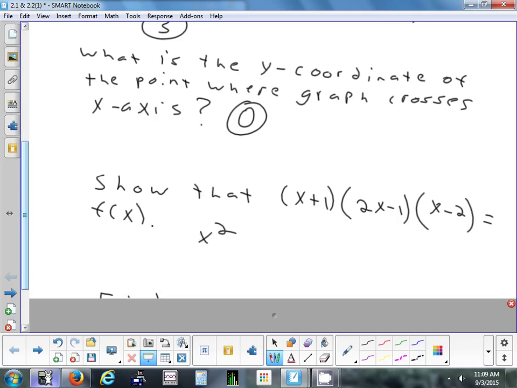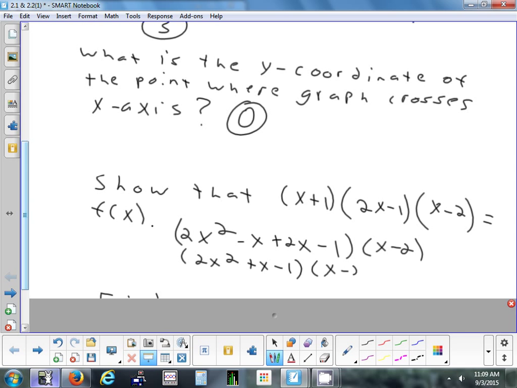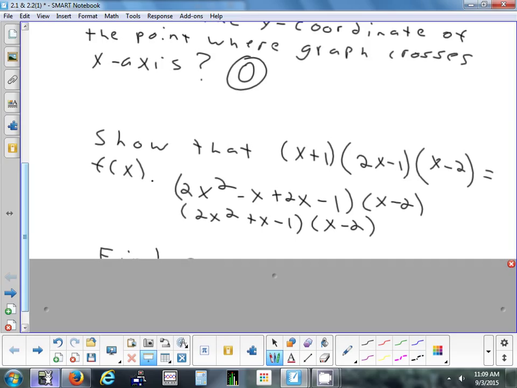So I'm going to FOIL the first 2, and I get 2x squared minus x plus 2x minus 1. Combine our like terms, we get 2x squared plus x minus 1. And distribute it out one more time.